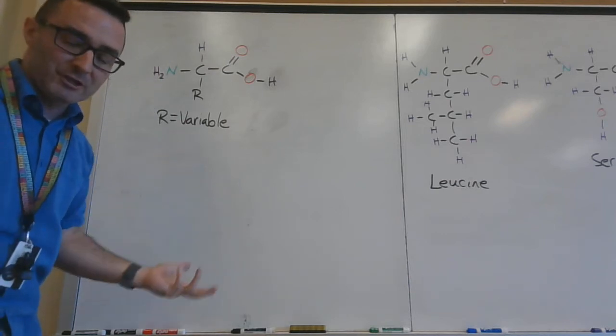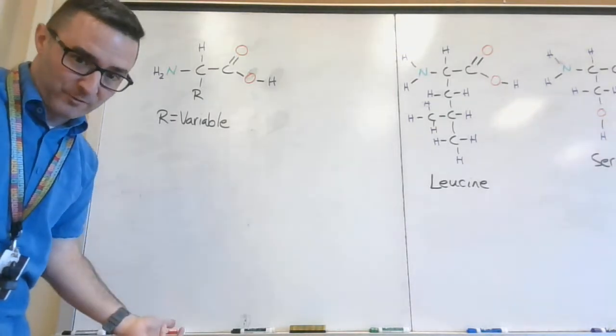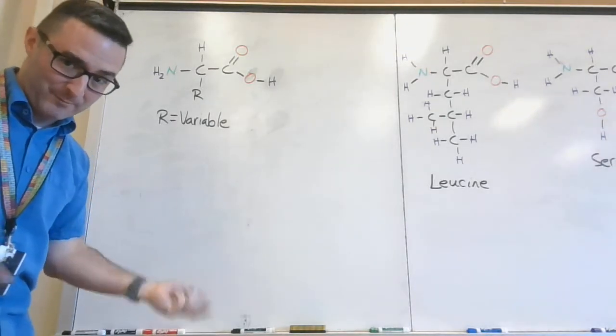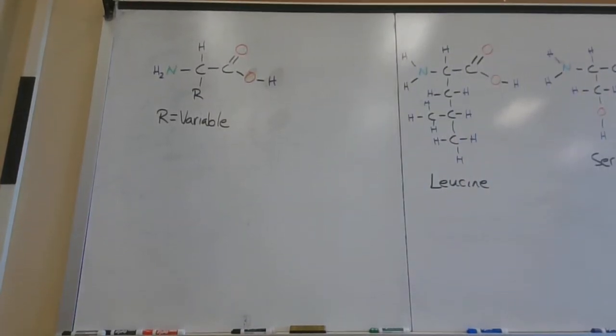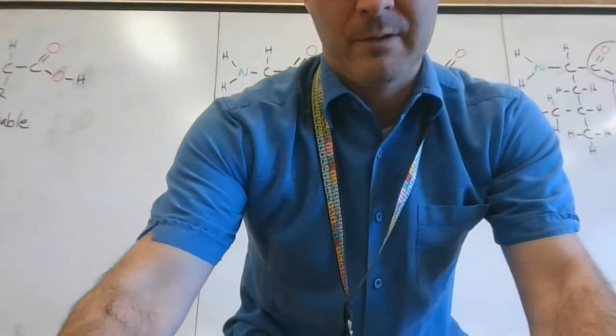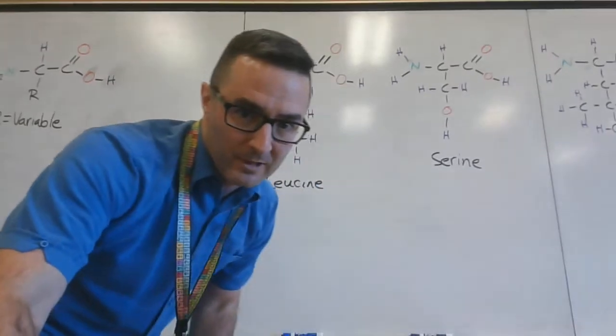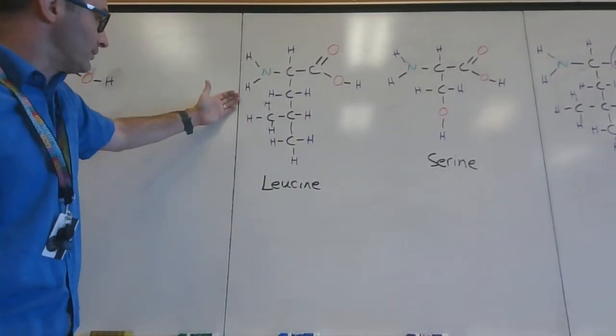So let me show you two amino acids and how we link them together. And hopefully, if you've seen the first two videos, you're picking up on the pattern. Okay. So there's one amino acid, and it's called leucine.